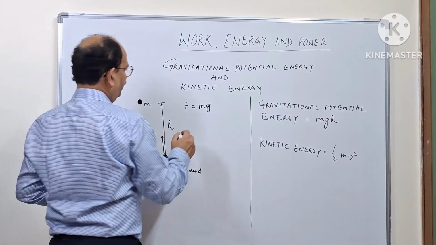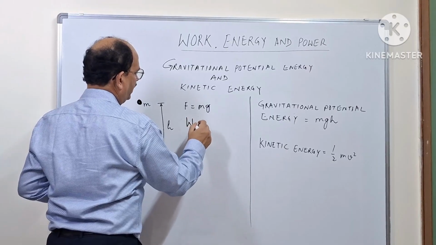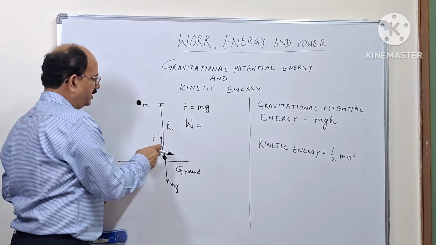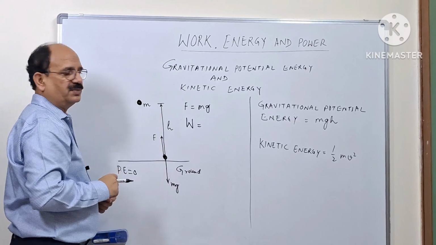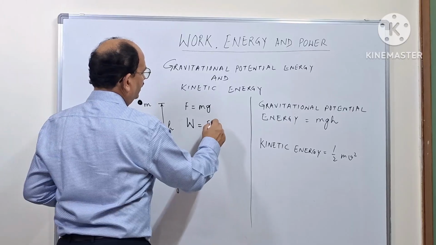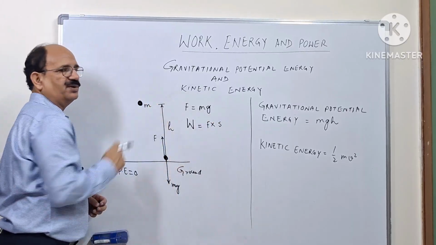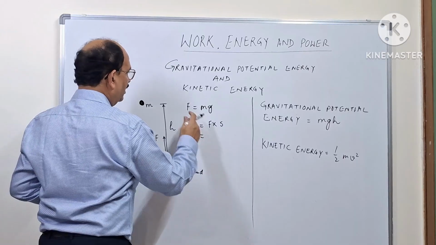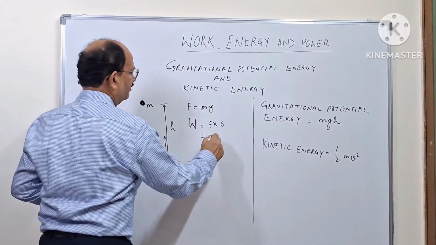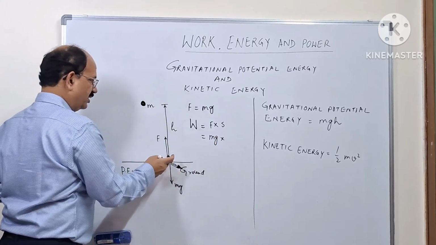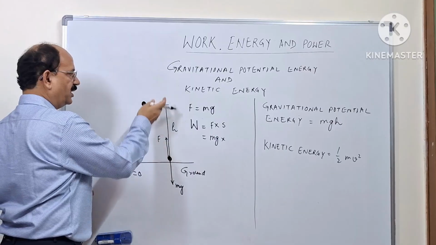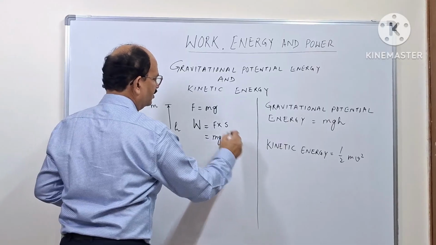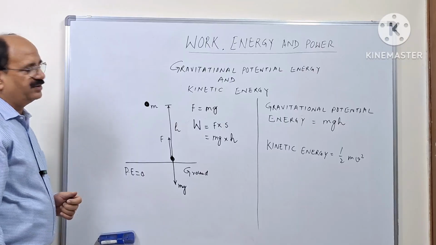Now, if that is the case, then what is the work done by the force which you have applied on the ball in bringing this up to a height h? We know that work done is equal to force times the displacement in the direction of force. Here the applied force is in upward direction, magnitude wise equal to mg, and the distance the ball traveled from ground up to height h, that s is equal to h, in the direction of force.